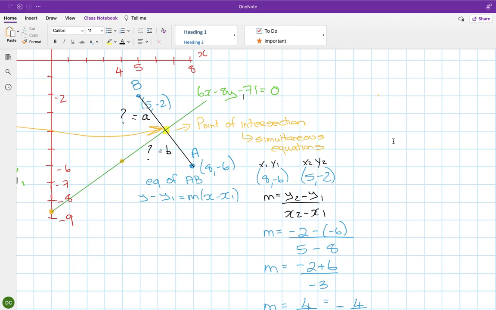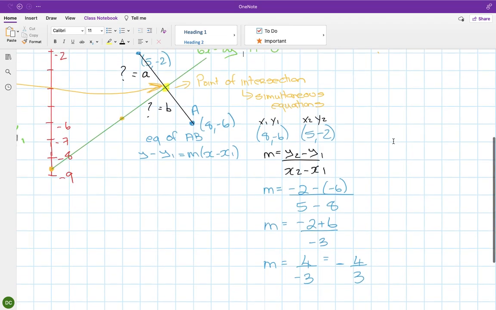And then I should be able to go back and sub in. So y minus minus 6 equals minus 4 over 3 times x minus 8. So y plus 6 equals minus 4 over 3 x plus 32 over 3.